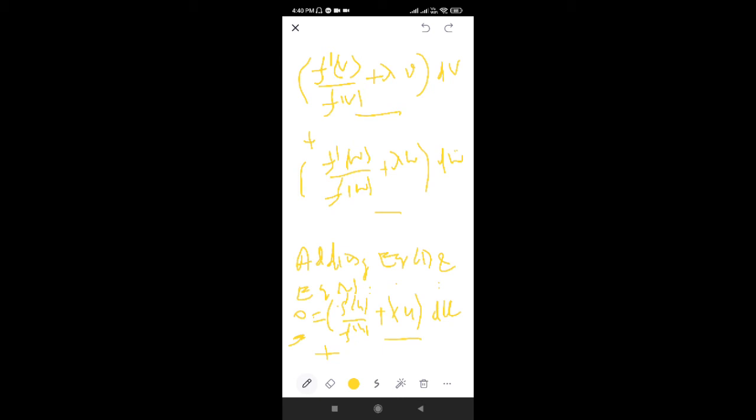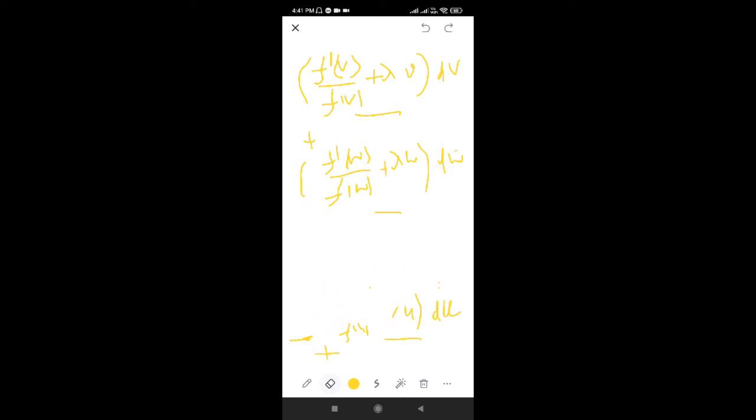So in order to make this sum 0, each term should be 0. I think you understood my argument. Why? Because the first term is a function of u, the second term is a function of v, the third term is a function of w. u, v, w are independent. So in order to make the sum of these functions 0, each term should be 0.